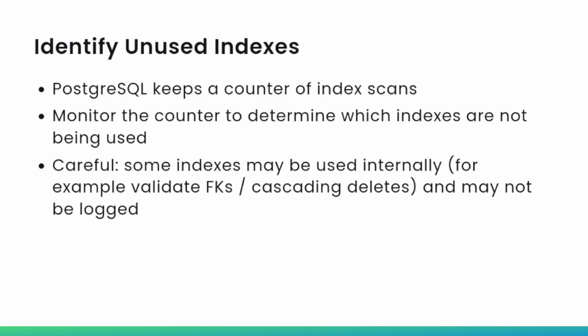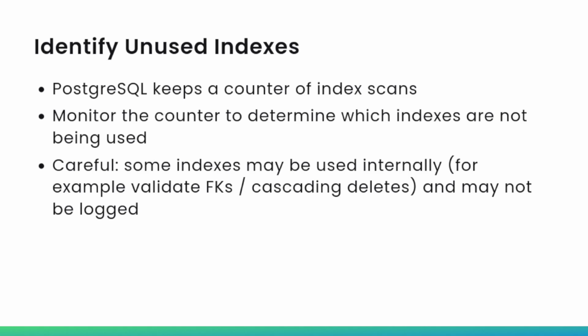So we saw how Postgres keeps counters of the number of index scans and how we can use that to determine if an index is in fact used or not. However, I do want to share something that you might need to be aware of or be careful about. There are some situations where Postgres uses indexes internally that might not be logged in this table.